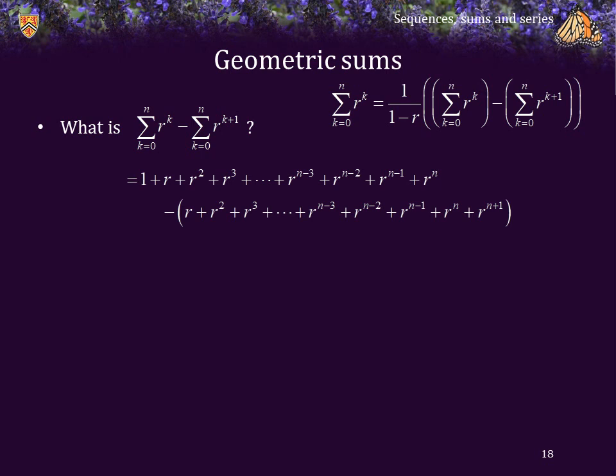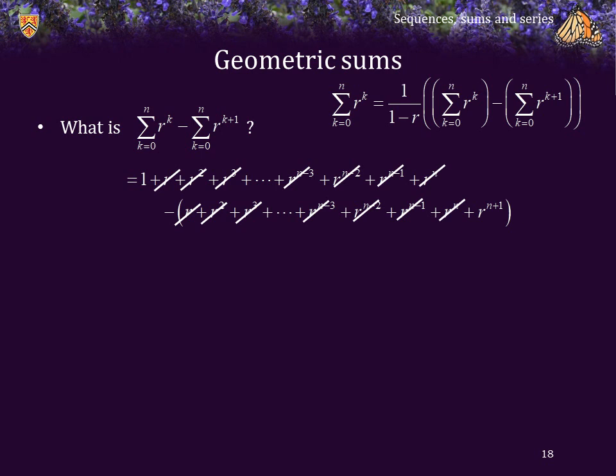Well, if we write out the first sum, we get 1 plus r plus r squared plus r cubed plus all the way up to plus r to the n. From that, we subtract the sum r plus r squared plus r cubed plus all the way up to plus r to the n plus 1. You'll notice that we have r minus r, which cancel each other out. We also have r squared minus r squared, which cancels each other out. These terms cancel each other out, as do these, and finally r to the n minus r to the n is 0.